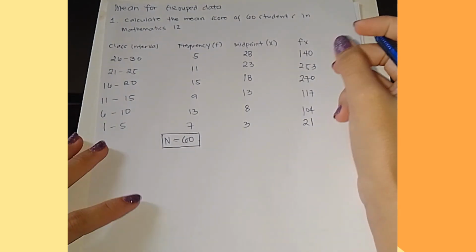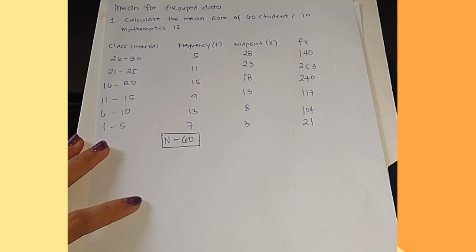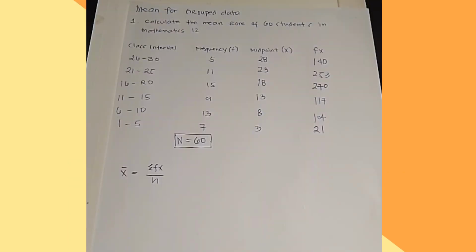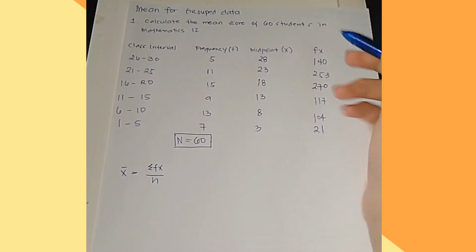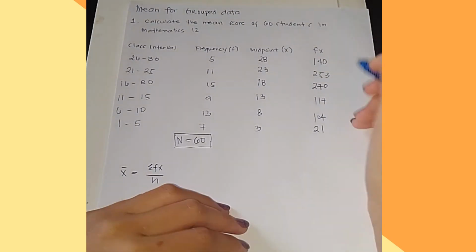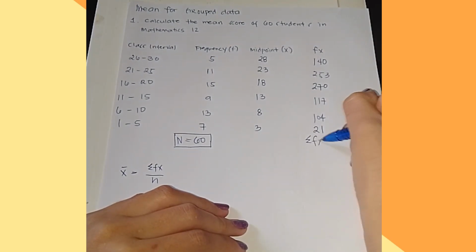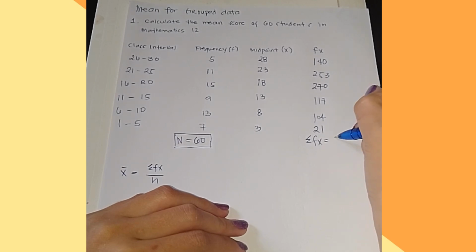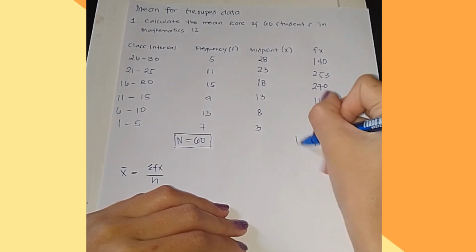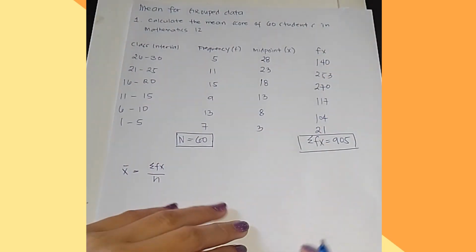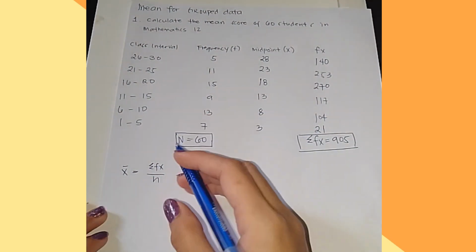So now, we proceed to using the formula of the mean. We need to sum up the fx first. So, the summation of fx is equal to 905. This is the answer. Then we're going to use the formula.